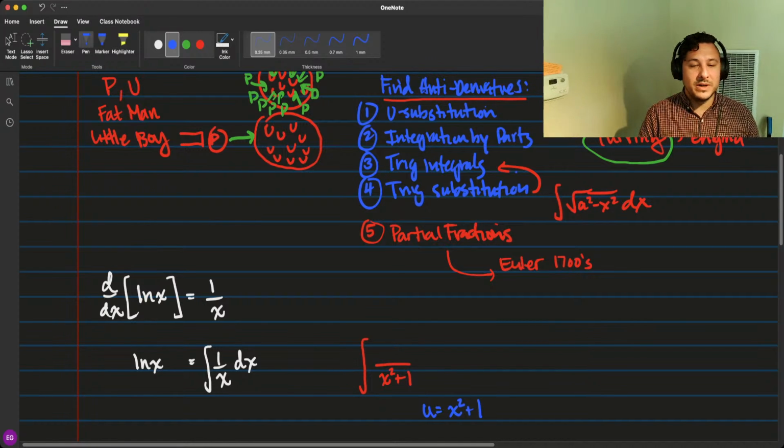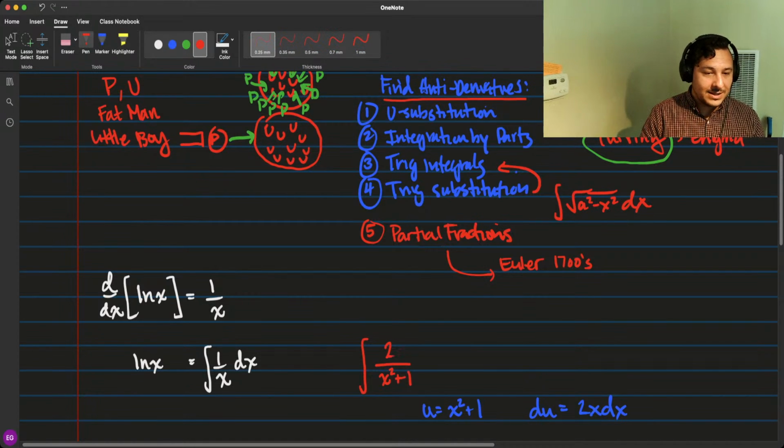So if x squared plus 1 on the bottom is your u, what is your du going to be on the top? What would we like it to be? You're going to need a 2x dx.